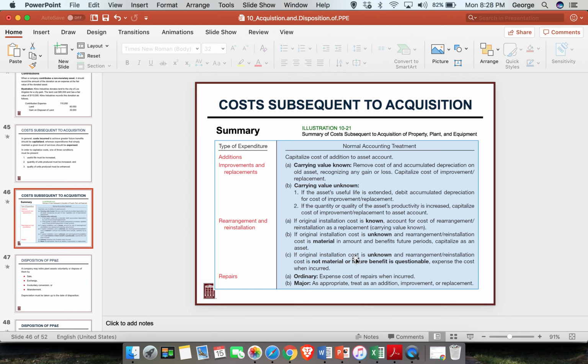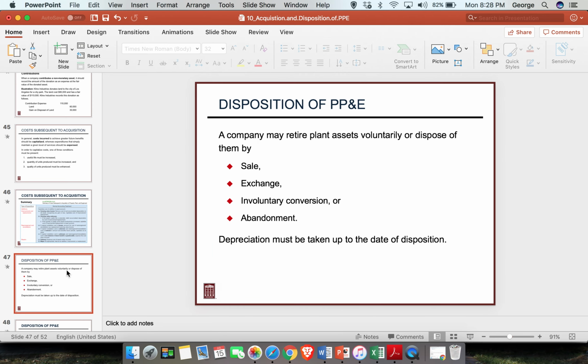Ordinary repairs are just expensed; major repairs, as appropriate, are treated as an addition, improvement, or replacement. So that's an overview of those items. I think there's probably more detail in the chapter and in the homework.